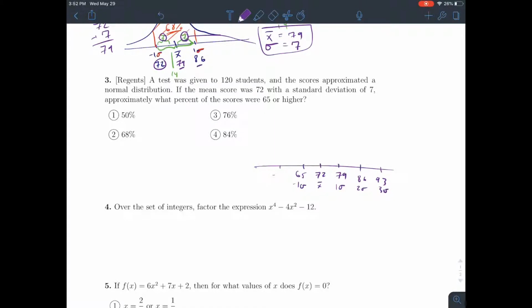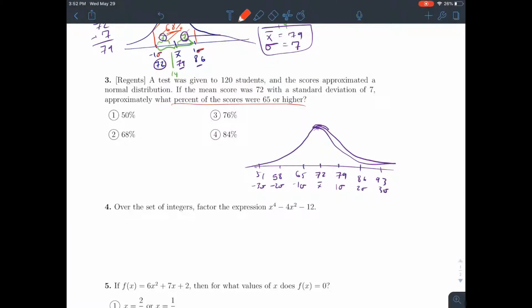Here we've got down 2 sigma, so that would be 58. And here we've got down 3 sigma, and that would be 51. So it looks like it's going to be a normal curve, symmetrically centered on 72. And I'm trying my best to make it symmetrical, but it's a little tough to do. So let's see.